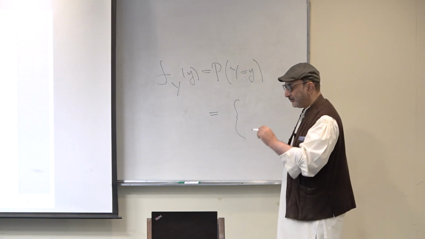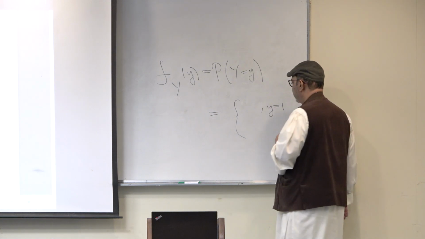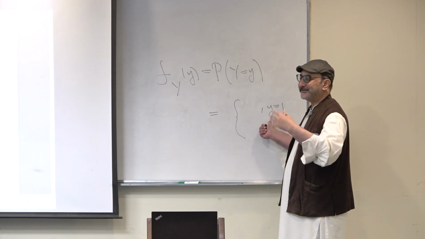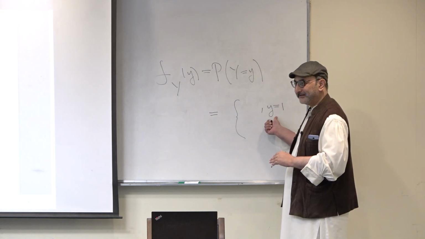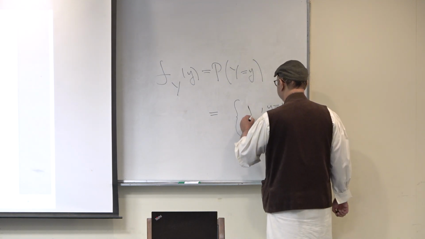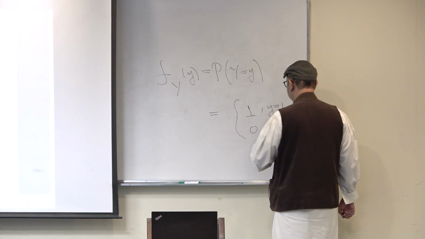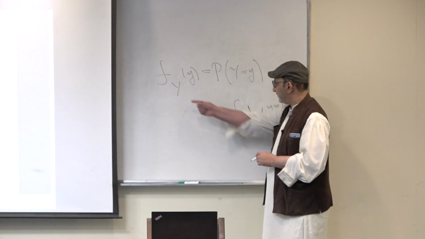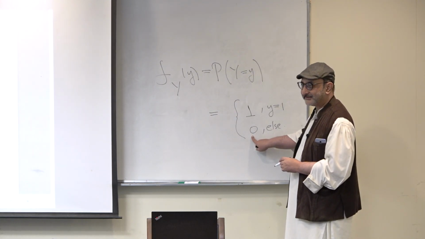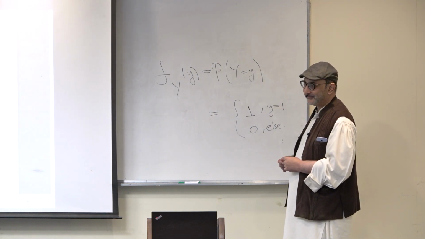It can only take the value 1, right? For y equals 1, what's the probability that the random variable Y is equal to 1? Well, it's certainly equal to 1. And the probability that the random variable Y takes any other value is 0. Okay? So that's how you would write the PMF for y.